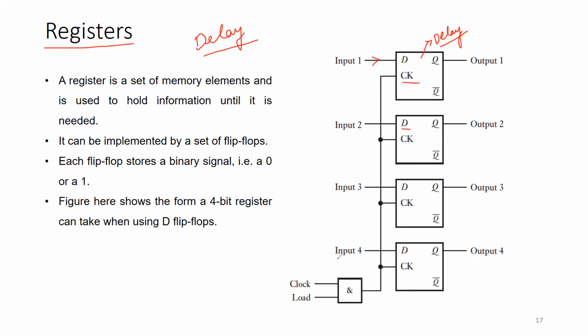So here you see that for various clocks, we are getting the clock and memory as an AND gate associated with it, which is connected over here, and different inputs for various registers.